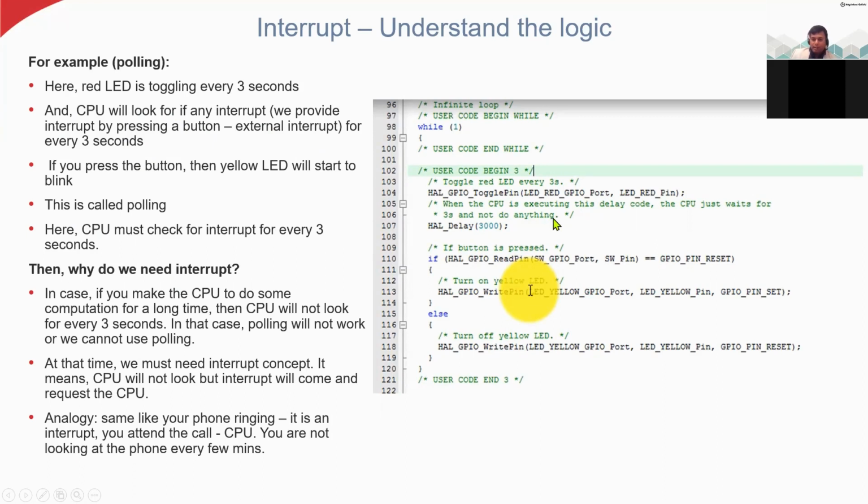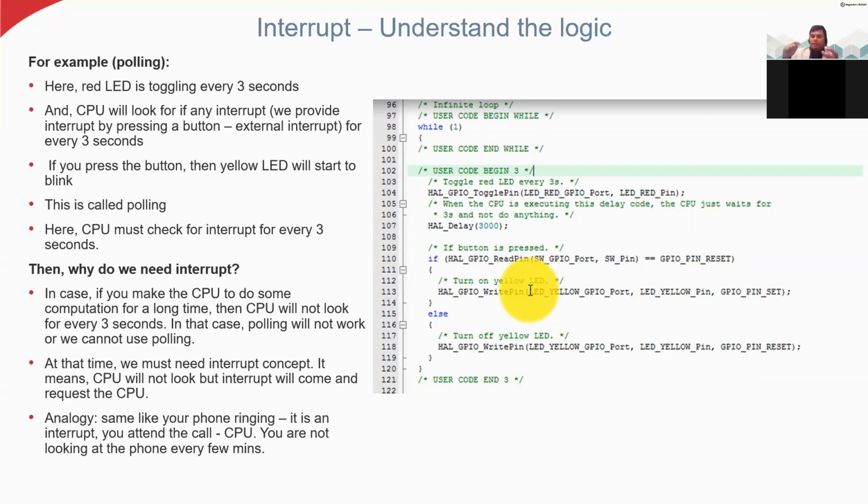So you can assume we set up some kind of LED. The LED is blinking every 3 seconds, and you need to press the button. For example, whenever you press the button, the LED will start to blink. Whenever you press the switch or the button, you are setting up some kind of interrupt.